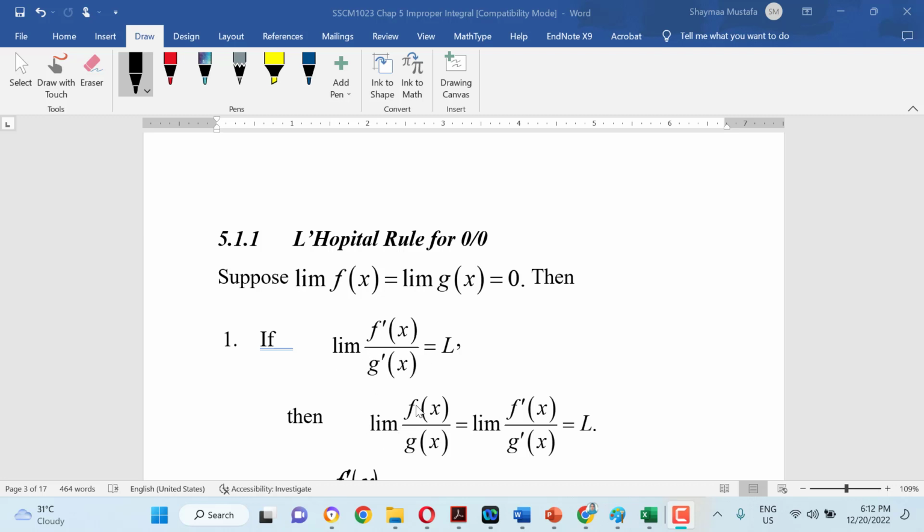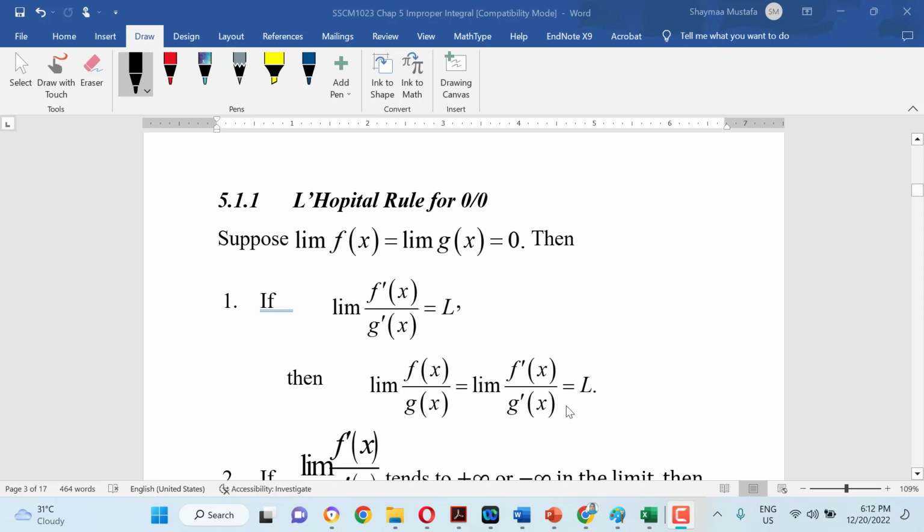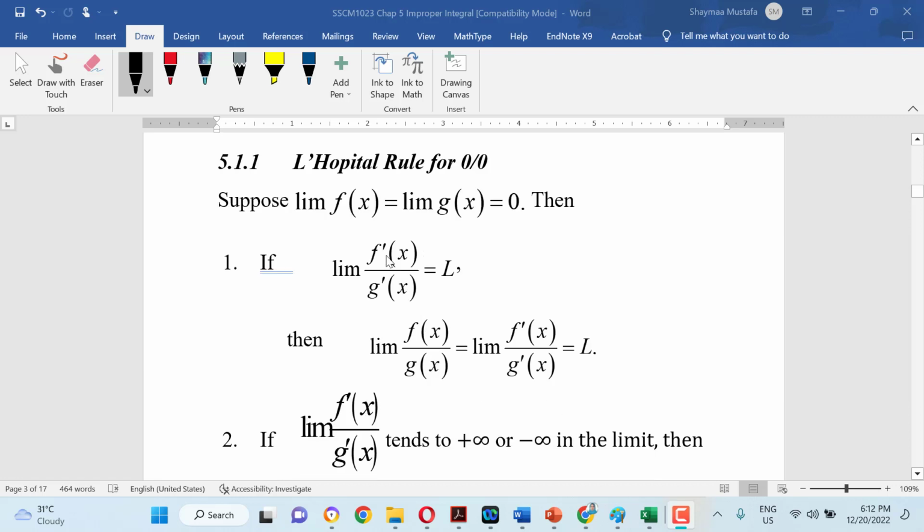So the limit of f of x over g of x will be equal to the limit of the derivative of f with respect to x over the derivative of g with respect to x. Yes, it's equal to L.